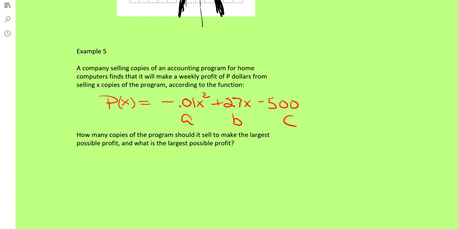So this is interesting. It gets interesting now because here I've got a negative lead coefficient. That tells me on my graph that if it's opening downward, then I'm going to have a maximum here, and that tells us so much. The x values here are the number of copies sold, and the y value is the dollar amount. So this is the largest y value, the largest amount of dollars that you can make.